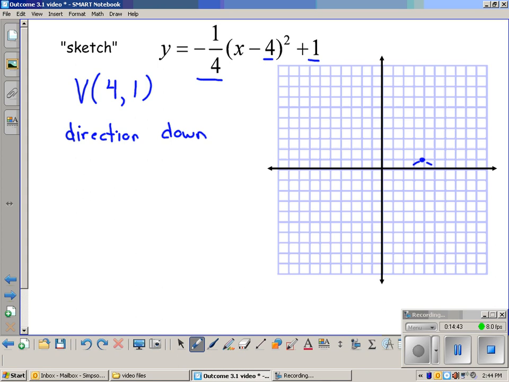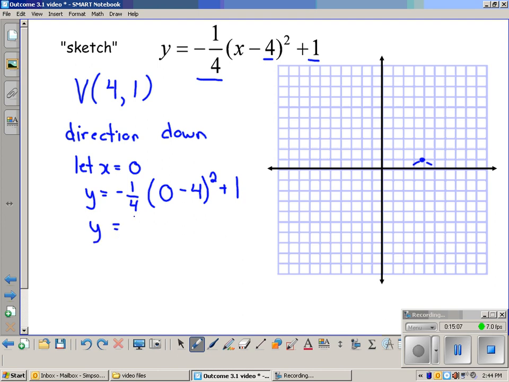Let's find another point to help us draw a little more accurate graph. So let's let x equal 0. If x is 0, we're going to substitute that into our equation, and then solve to find our corresponding y value.